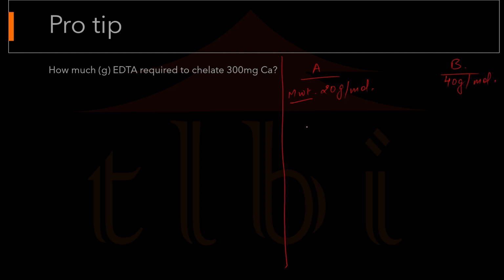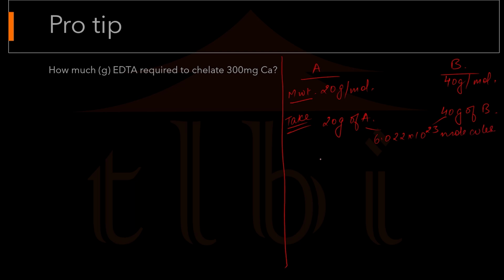All right, so suppose if I take 20 gram of A, right, and if I take 40 gram of B, then both will have how many molecules? 6.022 into 10 to the power 23, right? No doubt in that.